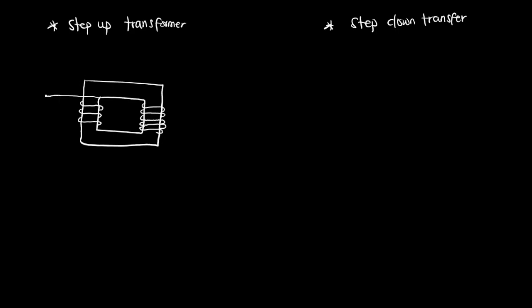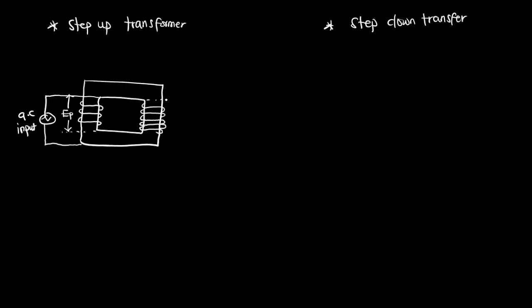So we have our alternating current source or our AC source over here. This is our AC input. And then the distance from here to here is our primary EMF.